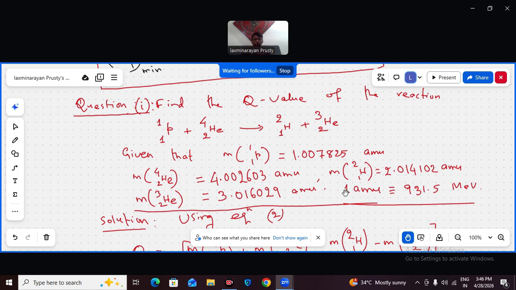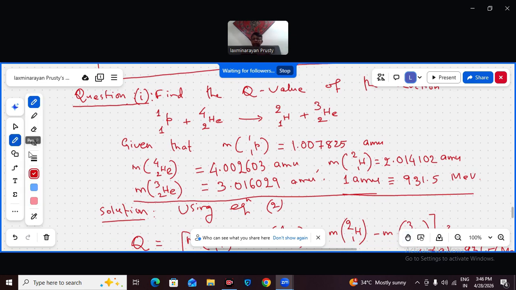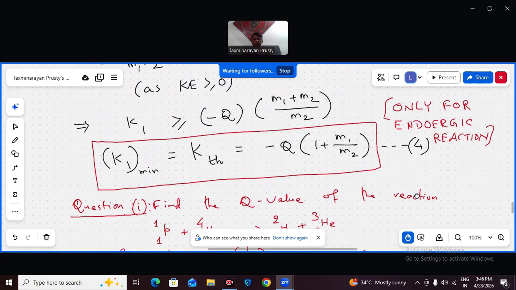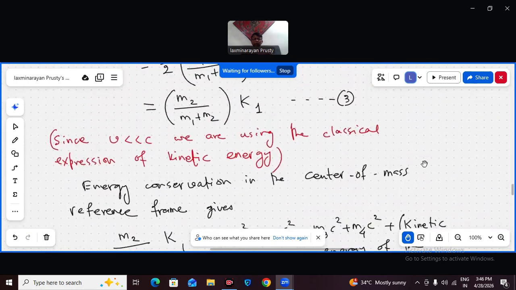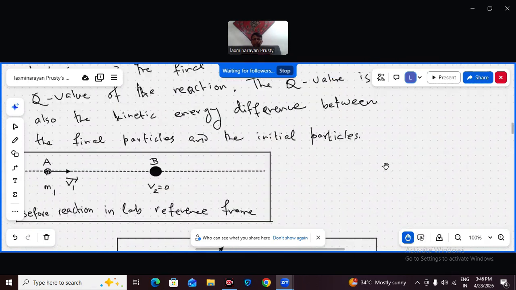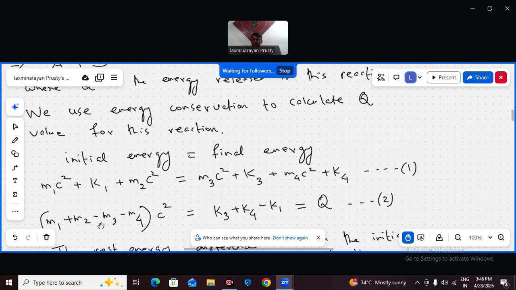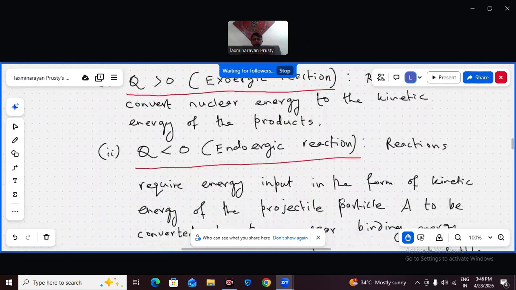And one AMU is approximately 931.5 MeV. So we will use equation 2 for the Q value. I told you in the beginning, equation 2 is M1 plus M2 minus M3 minus M4 into C squared is the Q value. So apply it quickly.